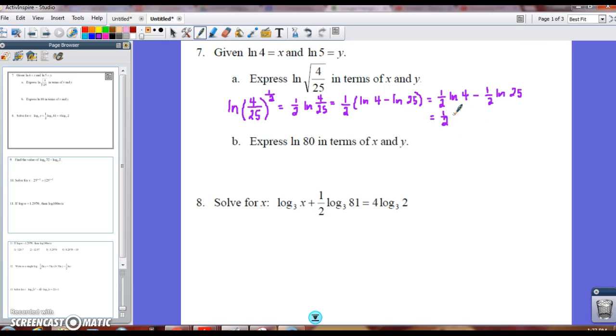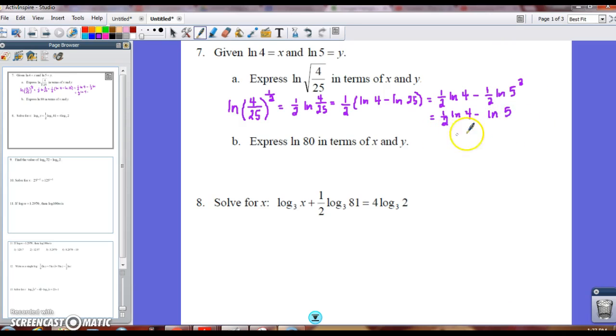1/2 ln of 4. And then here, remember, 25 is really the same as 5 squared. So I can rewrite that as 5 squared. And then if I use my power rule again and bring that 2 out in front, 2 times that 1/2 would just be 1. So it would just be minus ln of 5.